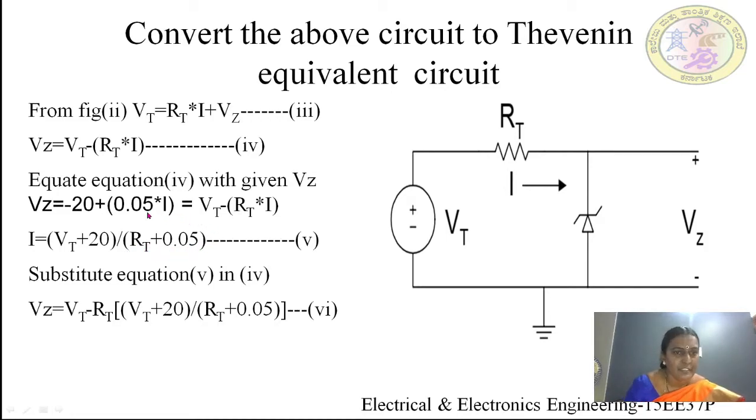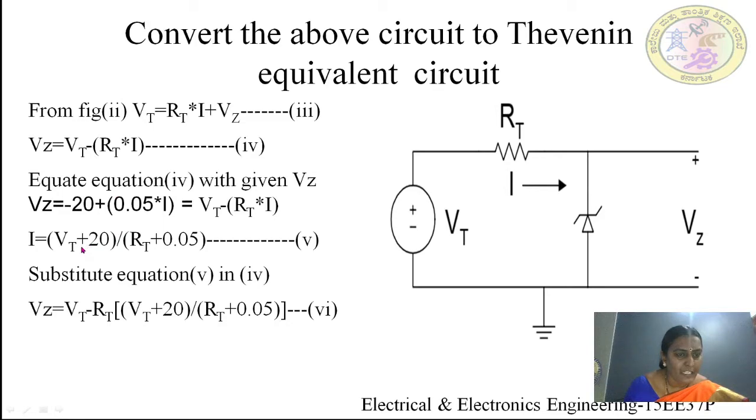Bring Rt into I to the left hand side, and bring minus 20 to the right hand side, where it becomes positive, that is Vt plus 20.